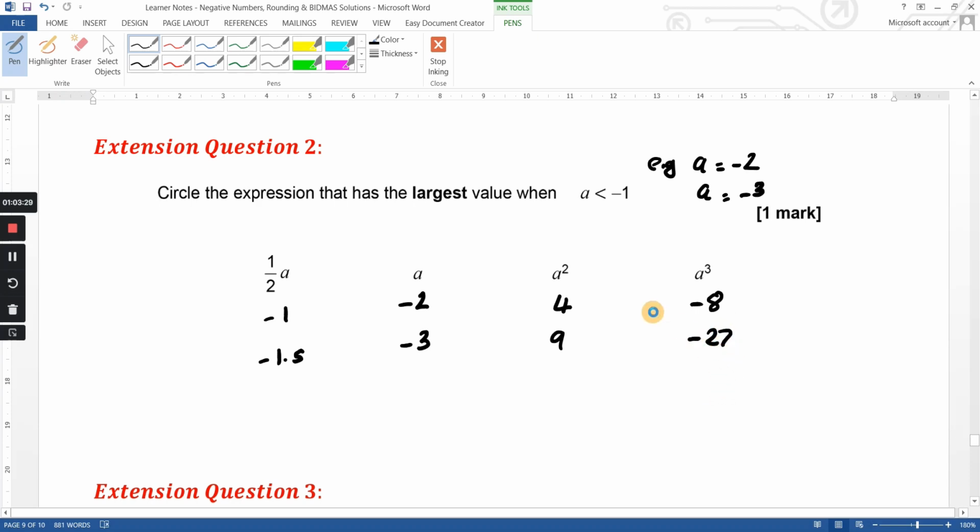So yeah, definitely a squared. And again, don't spend ages on something like this, only 1 mark. So again, you only need a few examples. Just call a anything, obviously it has to be less than minus 1. So a couple of examples and you'll realize the largest one is always going to be a squared in this case.